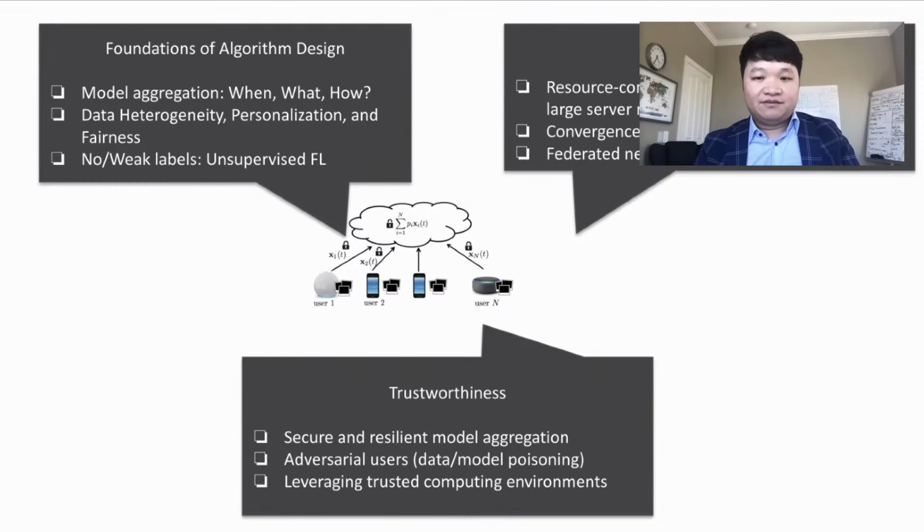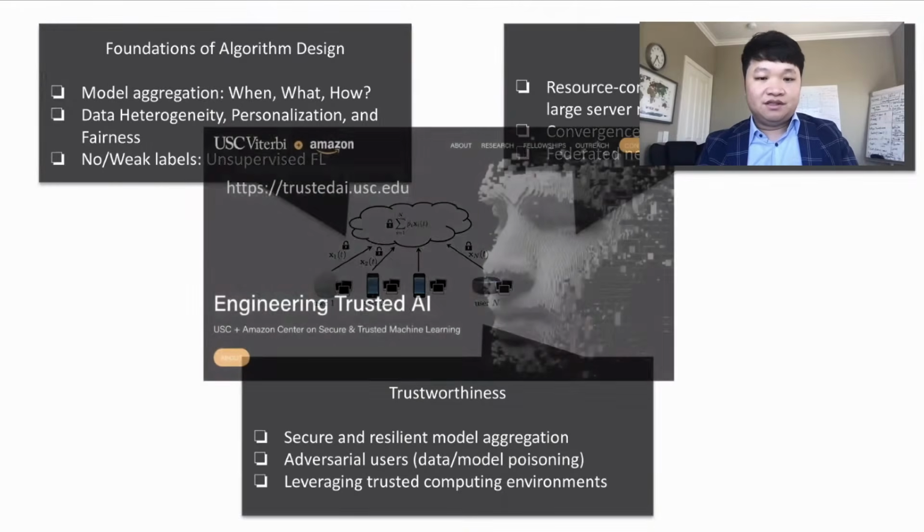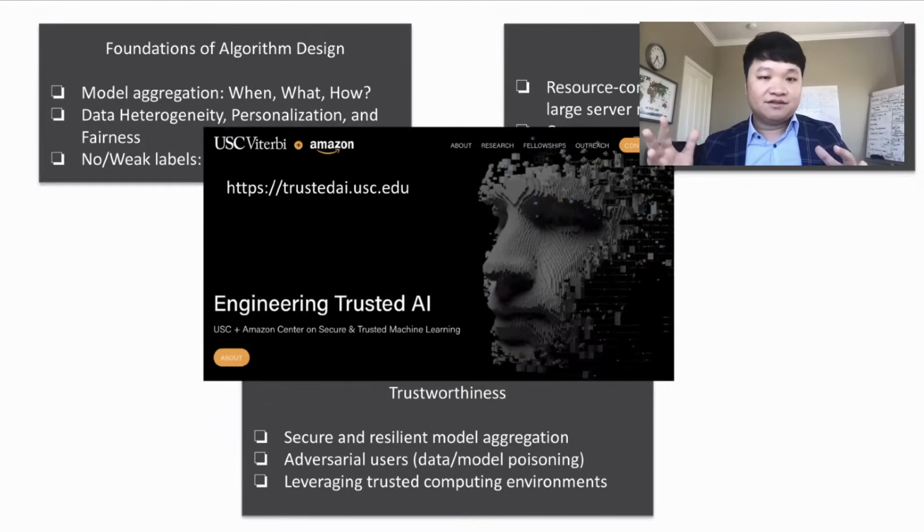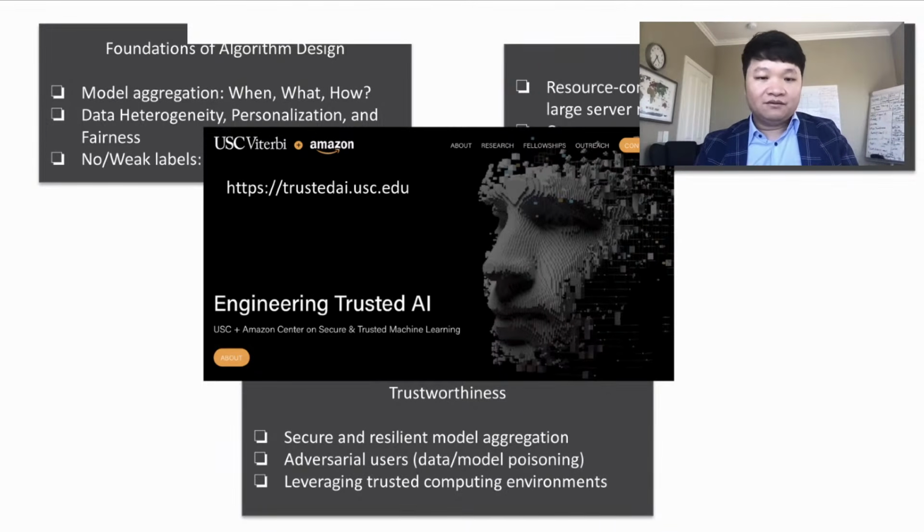So finally, let me briefly introduce our research in trustworthy AI, at the USC-Amazon Center, sponsored by Amazon Alexa AI. In this center, we mainly do research in federated learning and also research like PipeTransformer, distributed ML.